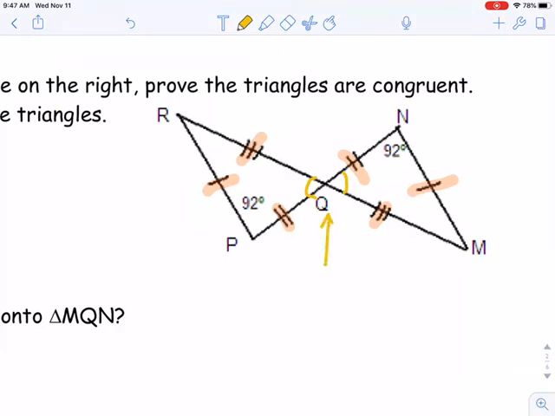Now, you can't call this angle Q. That is bad.